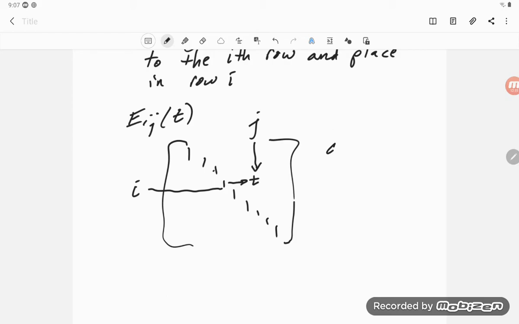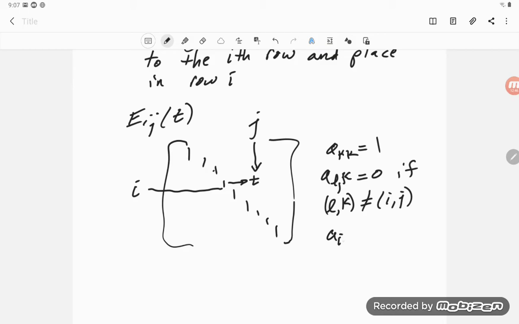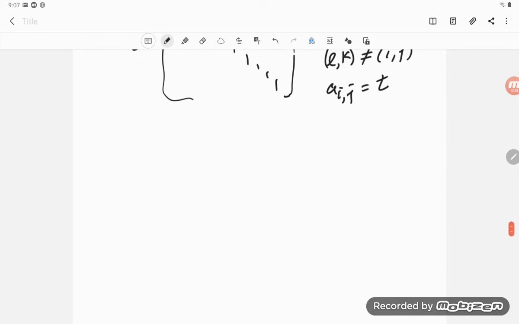In this case, A_KK is equal to 1, so all the way down the diagonal you have 1s, and A_LK is equal to 0 if LK is not the same as IJ. And then A_IJ, that one element, gets T.